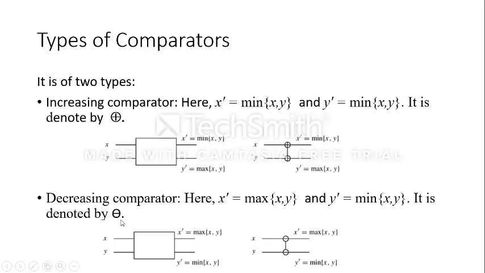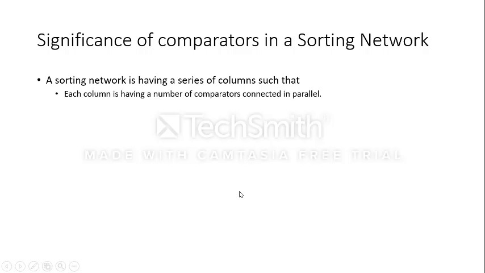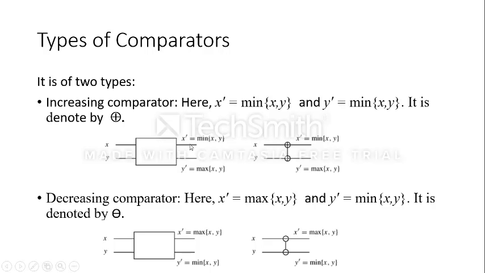So the notation of the decreasing comparator is the circle minus sign. This is the symbol for the decreasing comparator, such that x prime has the maximum value while y prime has the minimum value. Now I shall explain the significance of the comparator in the next slides.